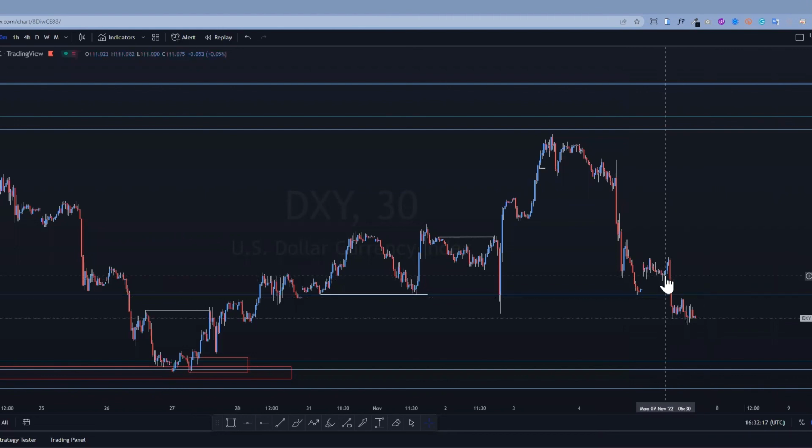Maybe we'll test these levels in here and then go down, or it can just go down from here. So it's all about trying to find out where is the highest expected value, the EV of the trade, and the right moments to look for the trade.